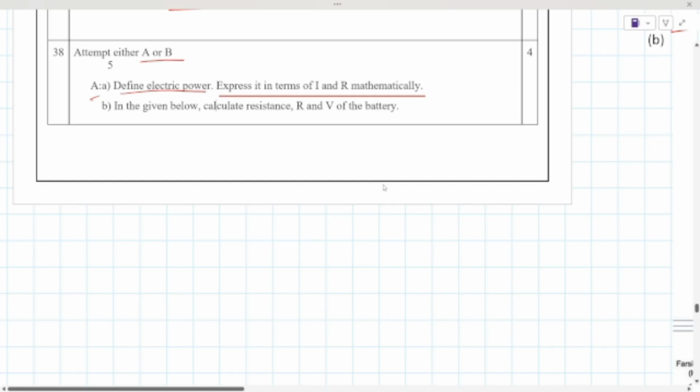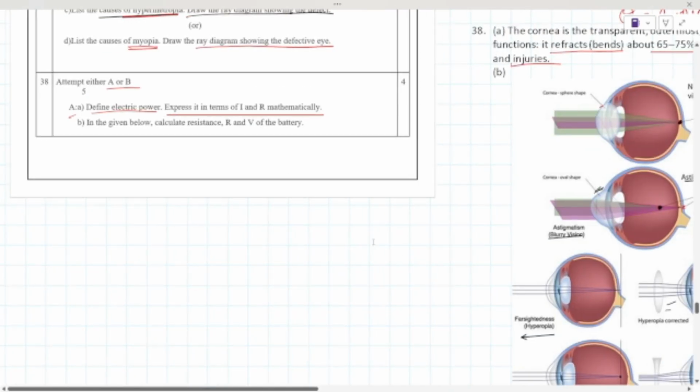Electric power is when the volt, right? V is, wait.